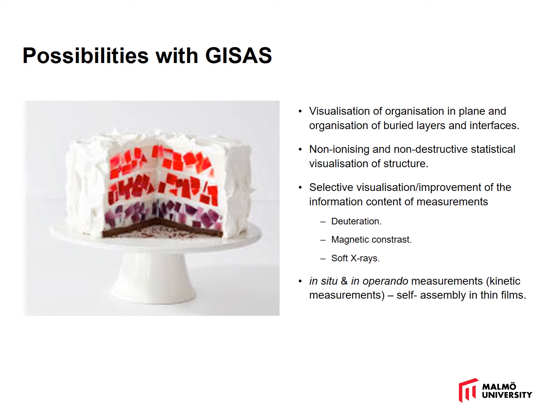The other extremely powerful possibility with this technique is in situ or in operando measurements. So we have some structure evolving over time as we measure. And I'll also give a few examples of that.